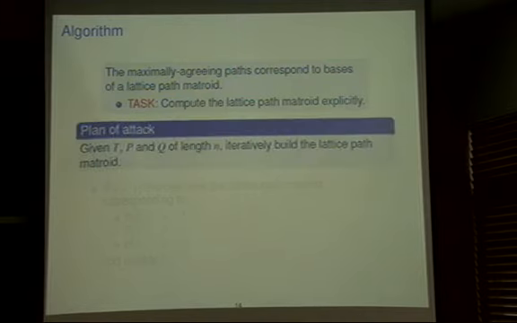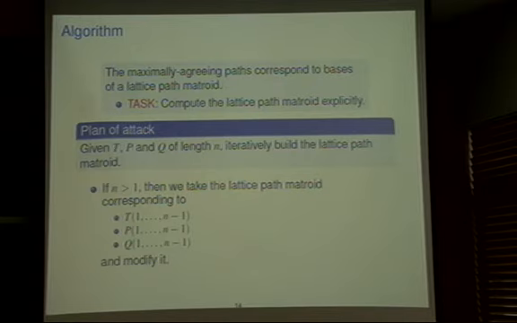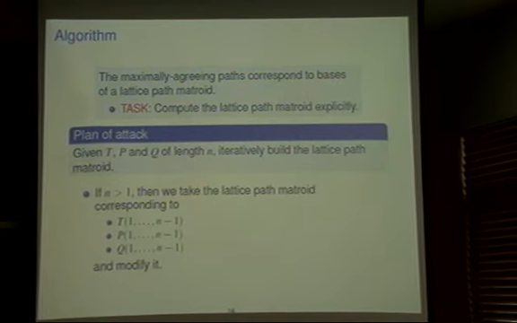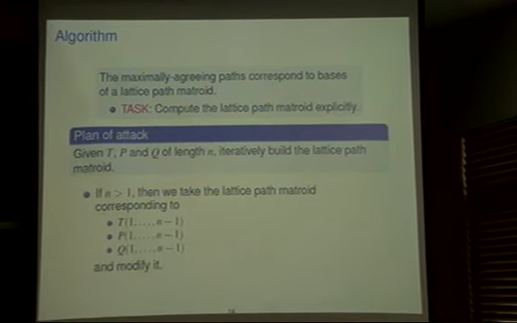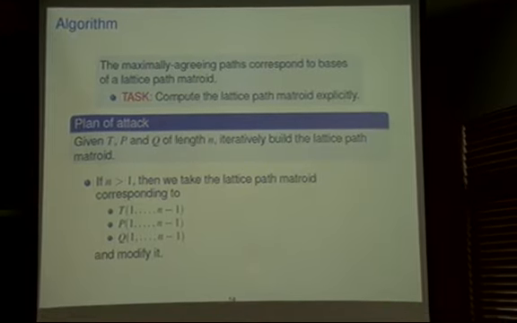How we're going to do this is by some kind of induction on the length n. If you have a lattice path Lagrangian matroid of just one step, everything's very easy. You can work it out in your sleep. So we assume that we've already built the corresponding lattice path matroid up to a certain number of steps, and now we want to extend the lattice path Lagrangian matroid by one more step.